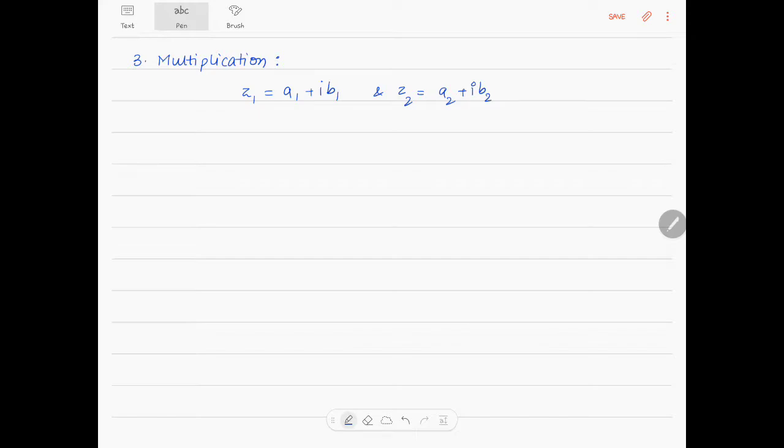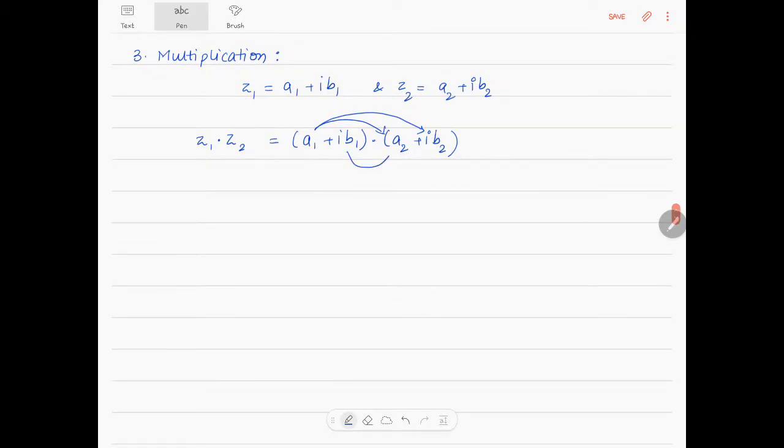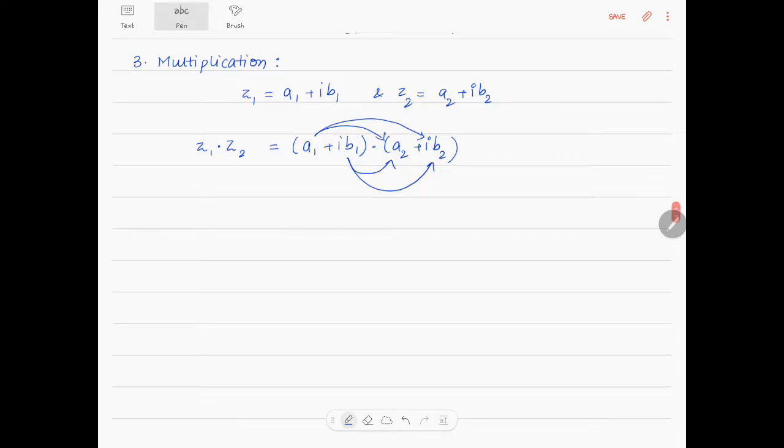If we want to multiply z1 into z2, we can write it as a1 plus i b1 into a2 plus i b2. How does the multiplication take place? We normally multiply by the expansion method. We multiply a1 to a2 first, then a1 to i b2, then i b1 to a2, and then i b1 to i b2.